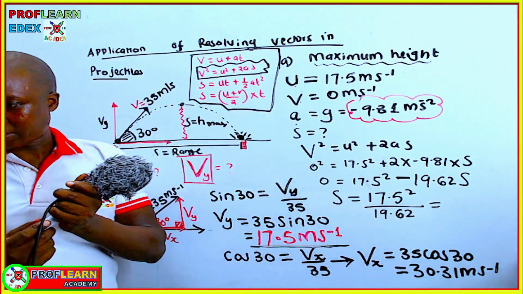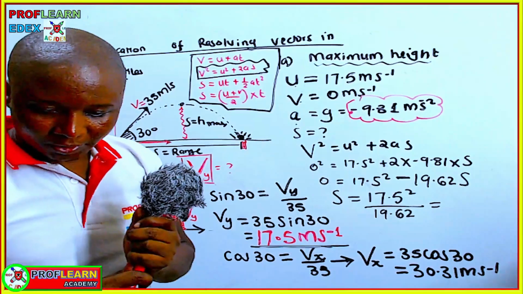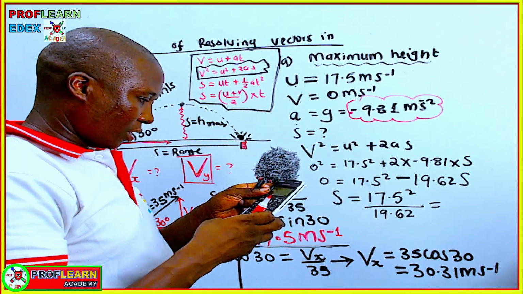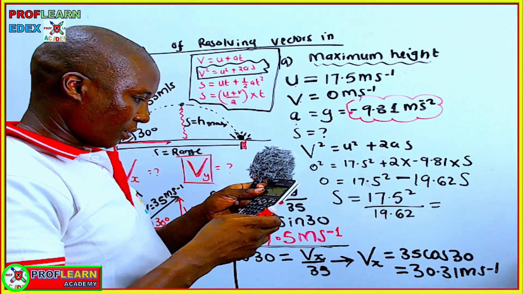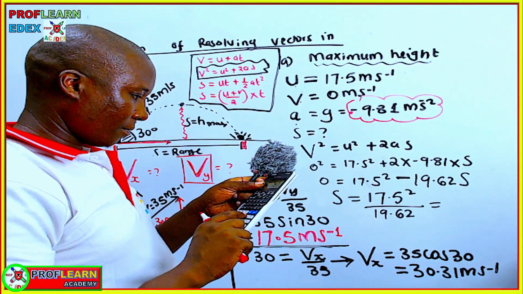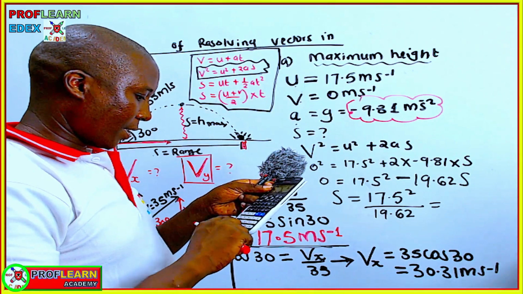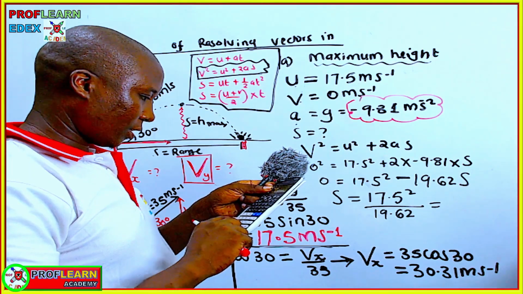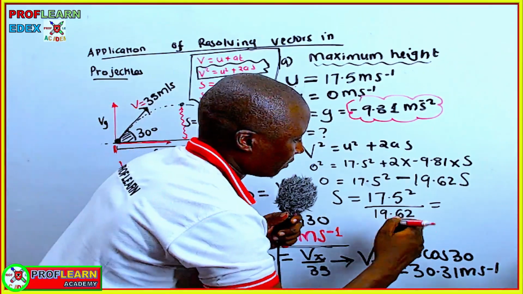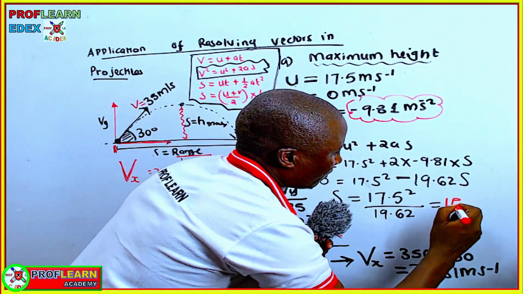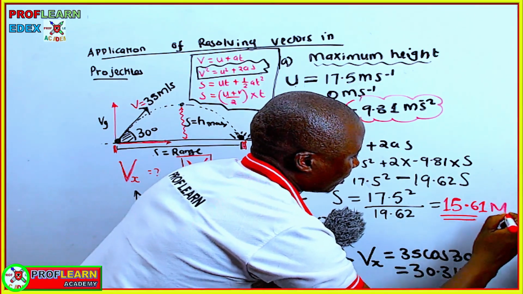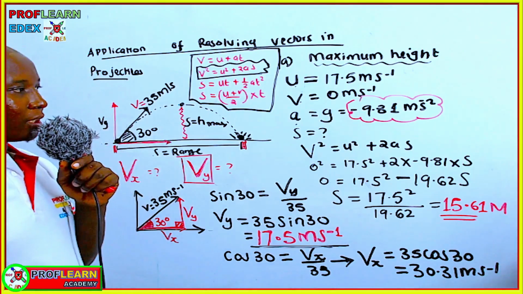So we can work that out and see what this is going to give us. 17.5 squared divided by 19.62, this becomes 15.61 meters.